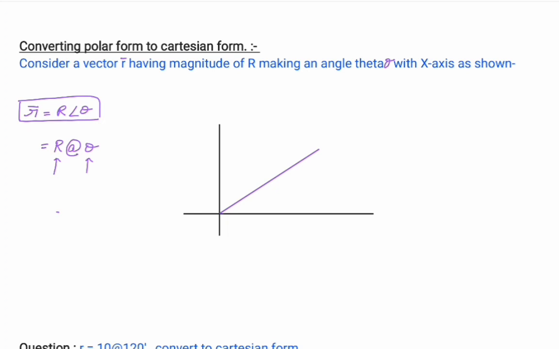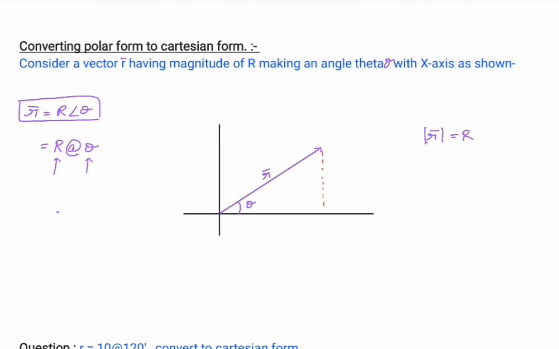Suppose there is a vector R, and it is making angle theta from the x-axis. It is given that the magnitude of R is capital R. Now we will see its component in the x-axis.